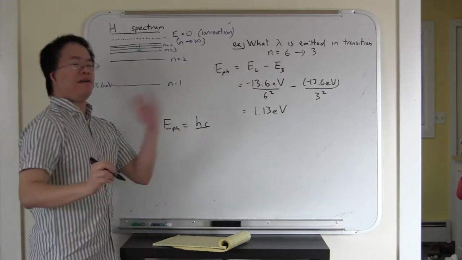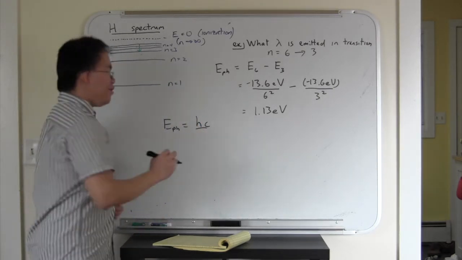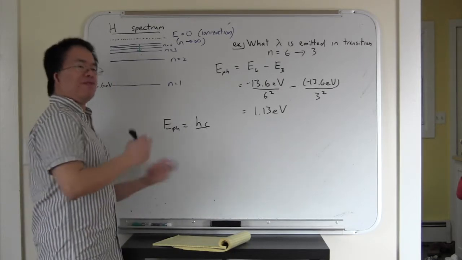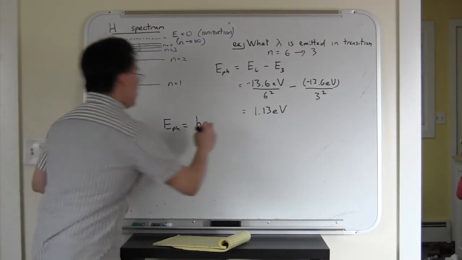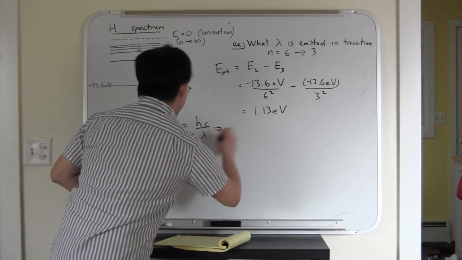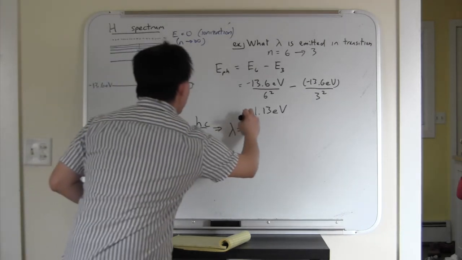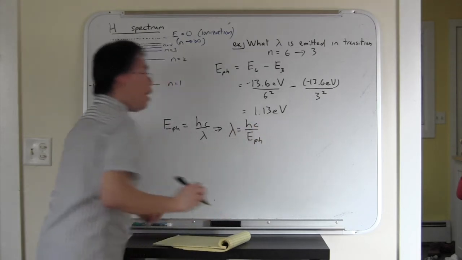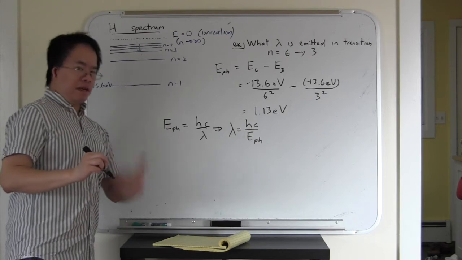So that combines Einstein's postulate about the energy of photons with the relationship between wavelength, frequency, and light speed. So that means that my lambda equals hc over E of my photon. And then it turns out to be useful to use h in electron volt seconds.